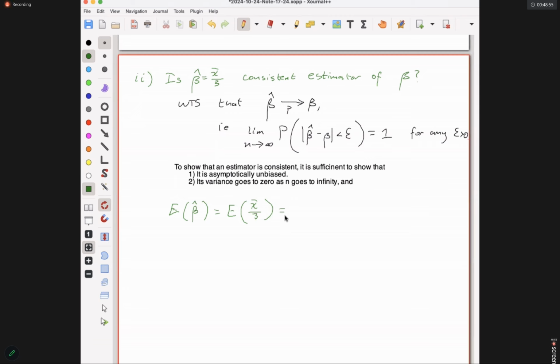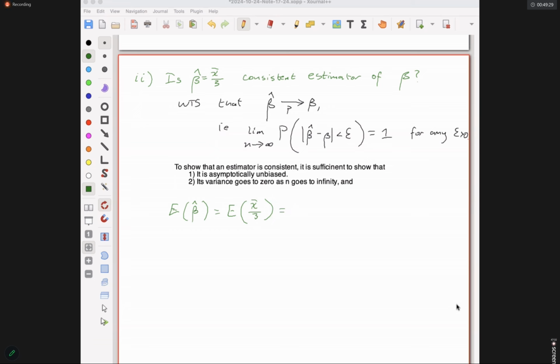What does this evaluate to? There's no theta.